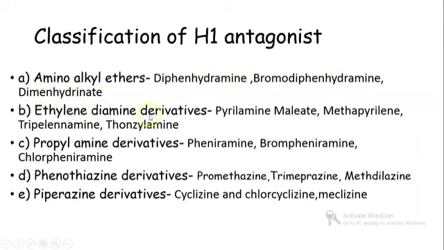The examples for ethylene diamine derivatives are pyrilamine maleate, methapyrilene, tripelennamine, and thonzylamine. The examples for propylamine derivatives are pheniramine, brompheniramine, and chlorpheniramine. Examples for phenothiazine derivatives are promethazine, trimeprazine, methdilazine. And examples for piperazine derivatives are cyclizine, chlorcyclizine and meclizine.